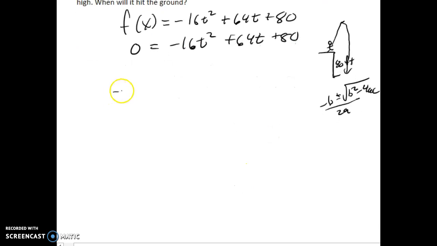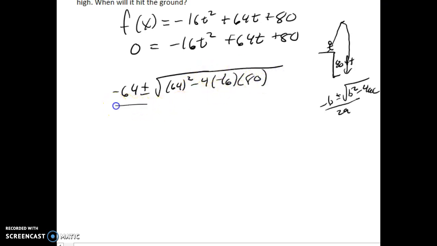So negative b is negative 64 plus or minus the square root of b squared, so 64 squared, minus 4 times a times c, over 2 times a, so negative 16. What I'm going to do is take this to a decimal, because I want to know the time, and fraction time doesn't really help us very much.